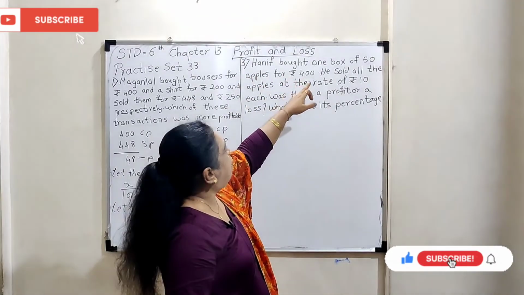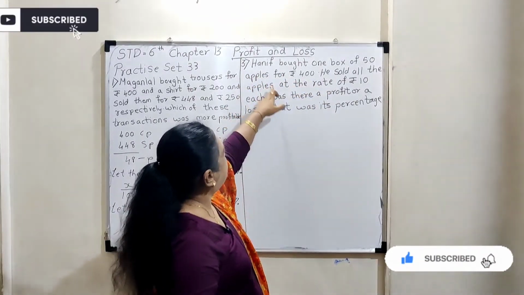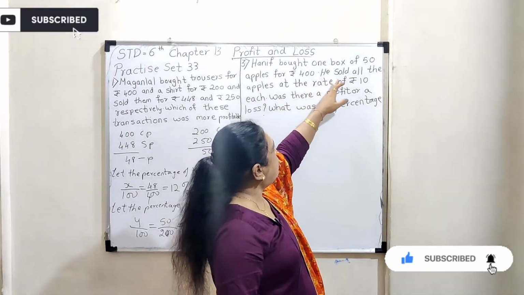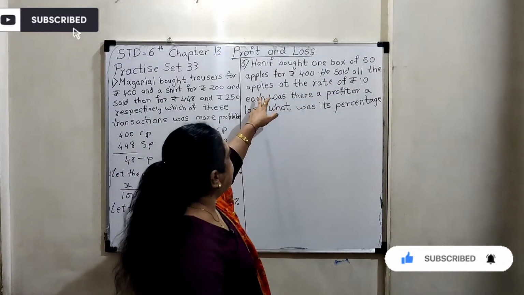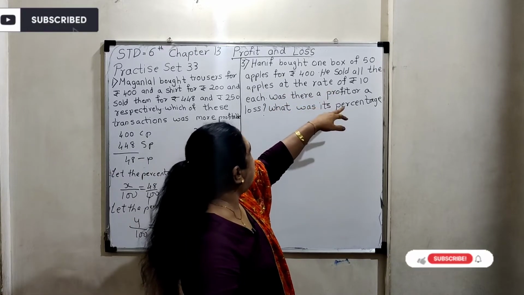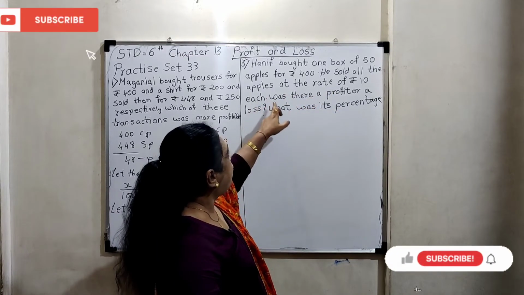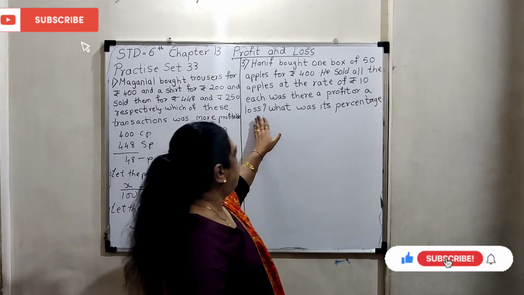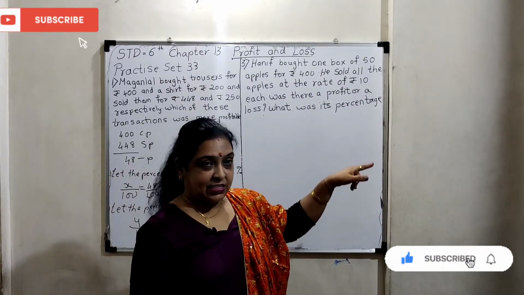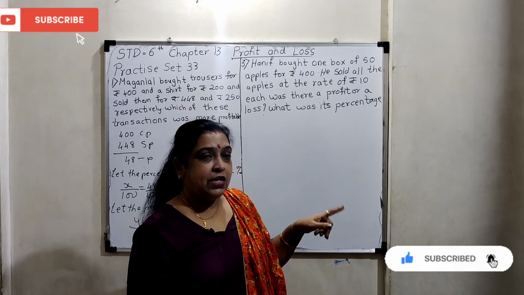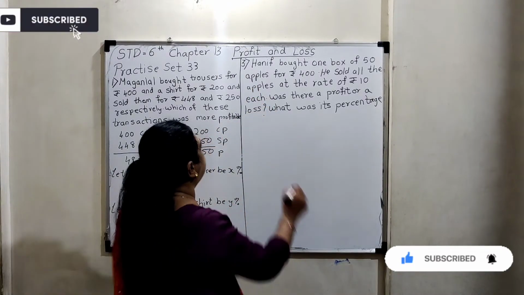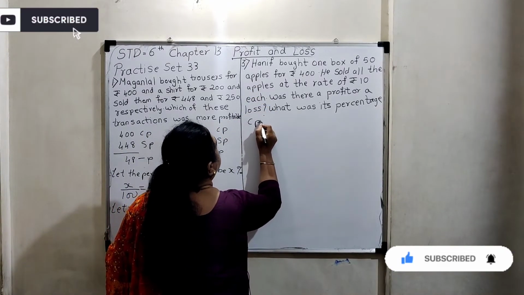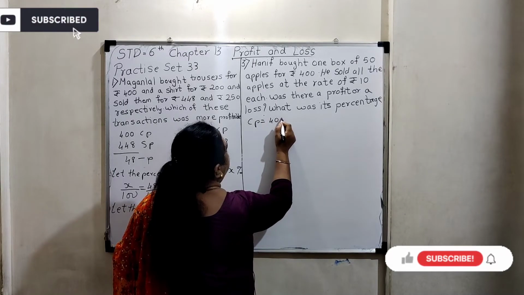Now, Hanif bought one box of 50 apples for rupees 400. He sold all the apples at the rate of rupees 10 each. Was there a profit or a loss? What was its percentage? So cost price is 400.